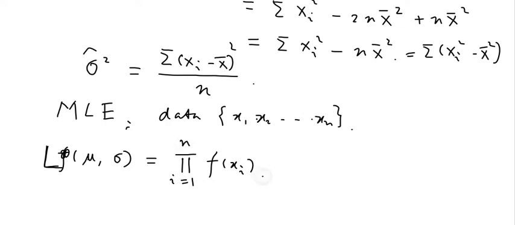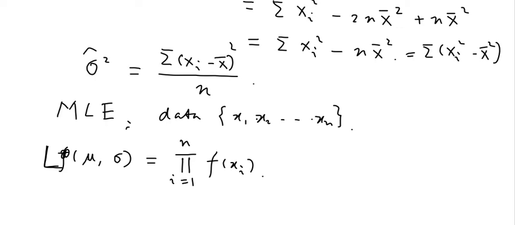Here f is the probability function, or in the continuous situation, the density function. In the discrete situation, it is just the probability of taking those values.